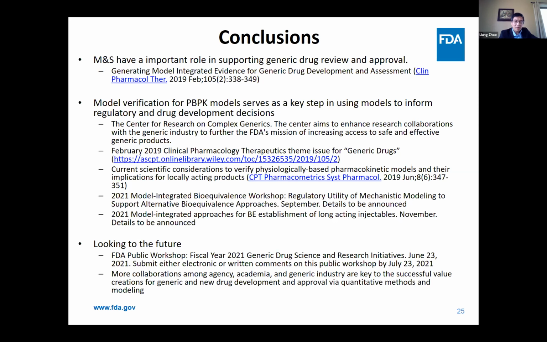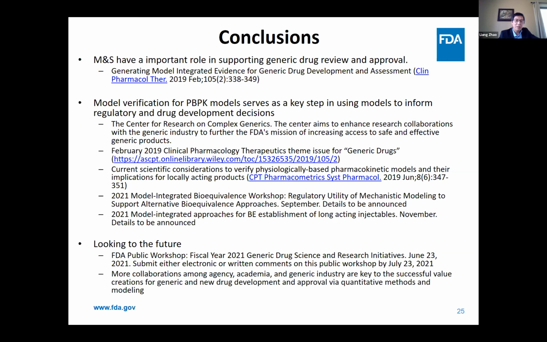I think generic drugs will be a start. The advancement in the generic area will be even faster than on the new drug side, given that we have already learned a good deal about the drug efficacy and safety. Now we want to leverage that information into the formulation assessment and into the PK exposure differences, and we have a good impact to make in this field.